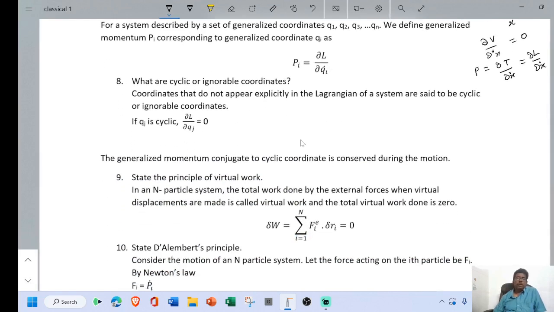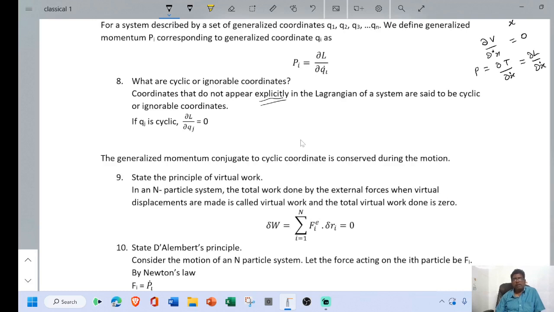Eighth question: what are cyclic or ignorable coordinates? Coordinates that do not appear explicitly in the Lagrangian of a system are said to be cyclic or ignorable. Certain coordinates do not appear directly in the Lagrangian equation. Such coordinates are called cyclic or ignorable coordinates.